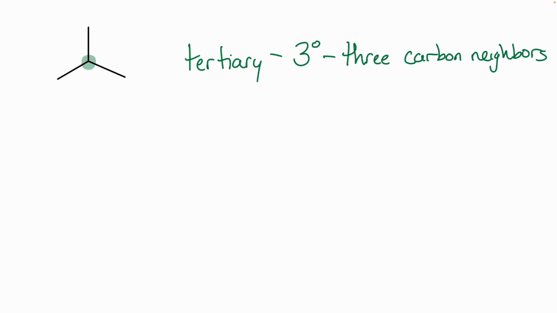And then we can even have what's called a quaternary carbon. Now, since this carbon is going to be bound to 4 other carbon atoms, we can't space it out 120 degrees. So this will be where you see us drawing our bonds at a 90-degree angle.